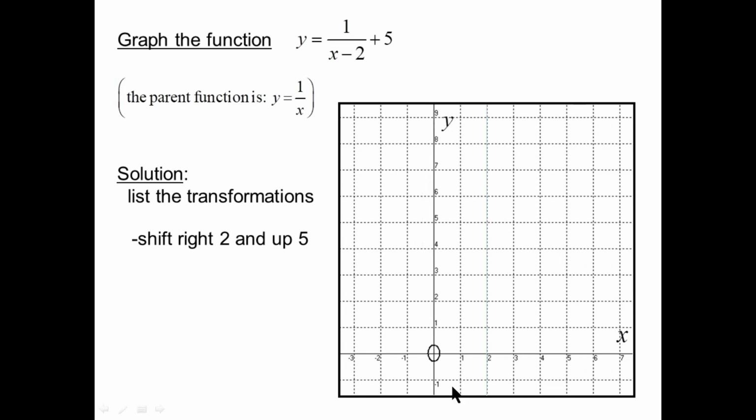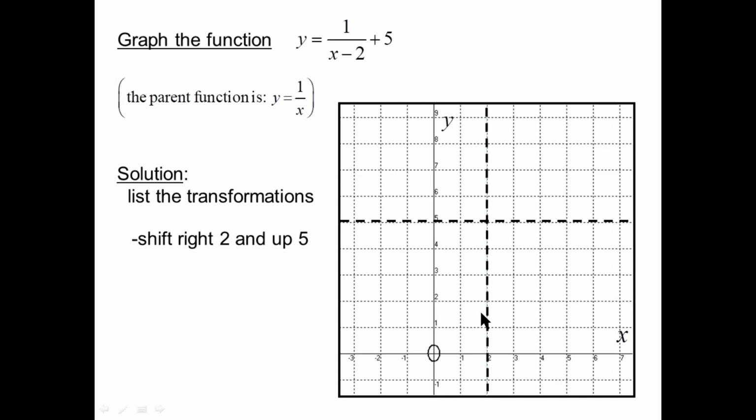So we know that the y-axis was an asymptote, so shifting it to the right 2 is easy. And the x-axis was another asymptote, so we can shift it up 5. And those are our new asymptotes. We shift them right 2 and up 5. We apply the transformation to the asymptotes first.